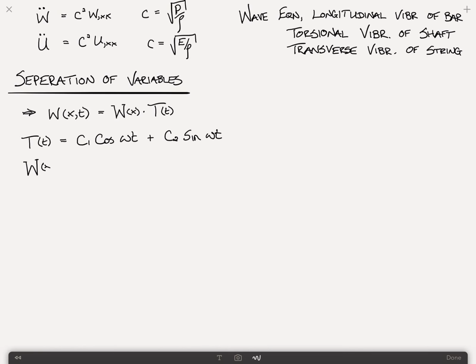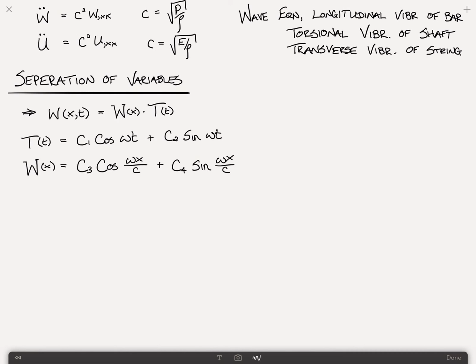And for the W equation, we ended up with something very similar: C3 times cosine of omega over c times x, plus C4 times sine of omega over c times x, or omega x over c. All right. These two equations have four unknowns.